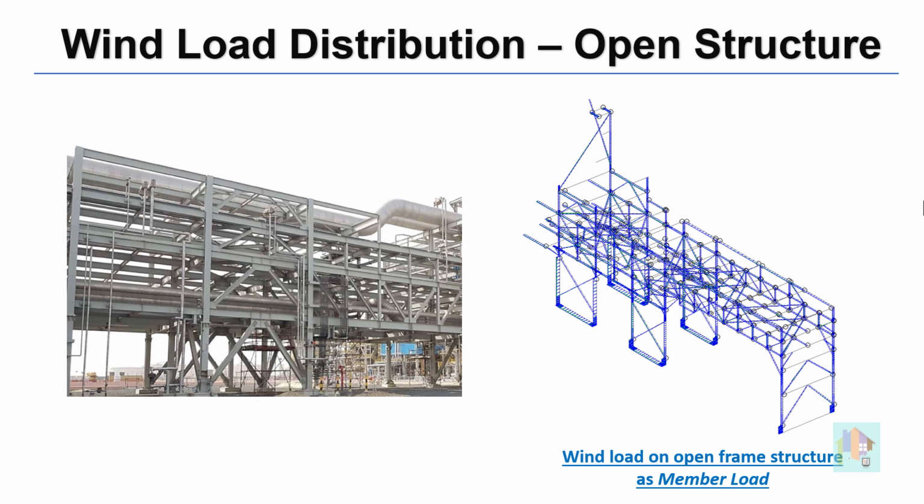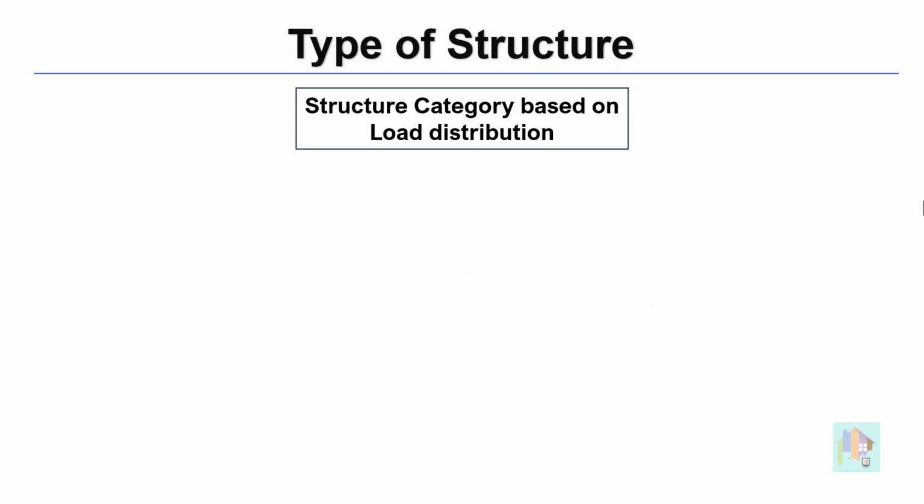But if we consider any open frame structure or tower, there is no external covering. Hence, wind acts directly on the members of that face as member load, and on all subsequent frames if there is no obstruction. So, the nature and application of wind load might be different for different types of structure.